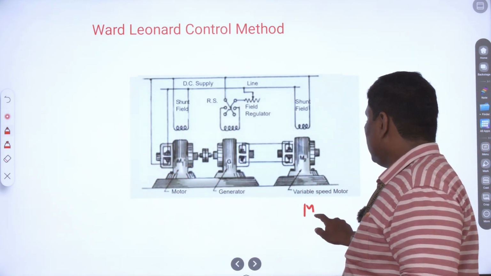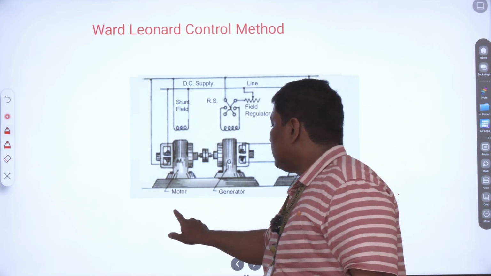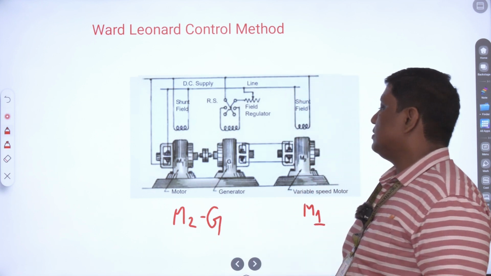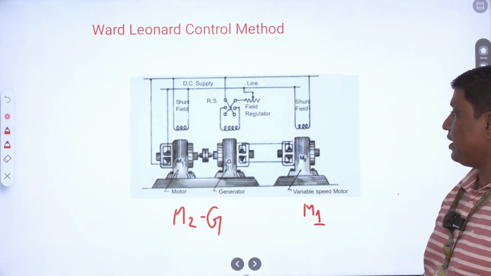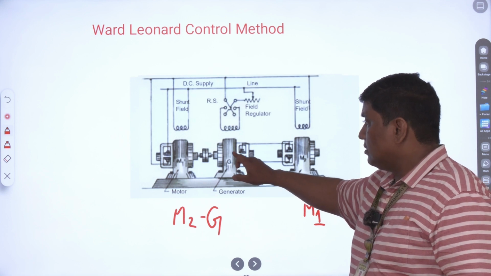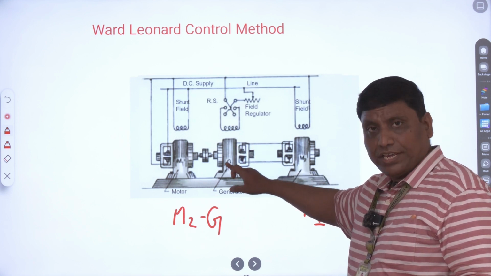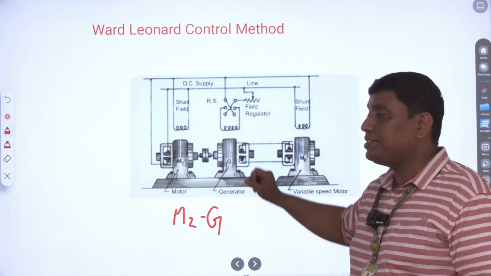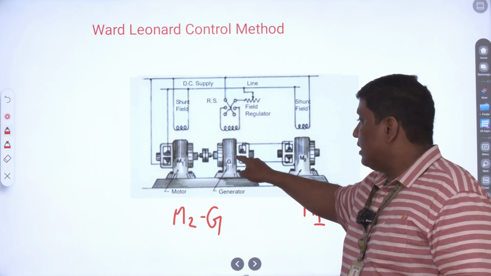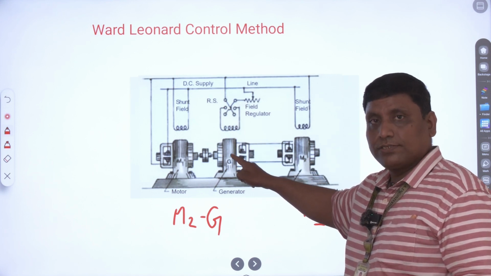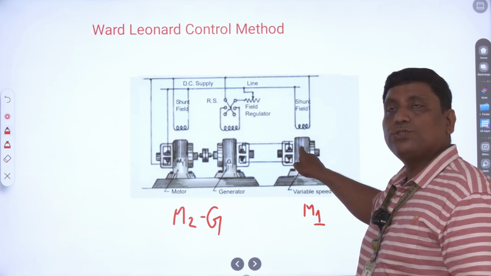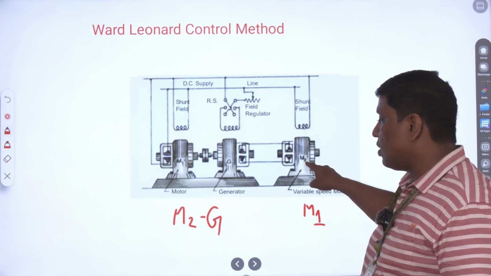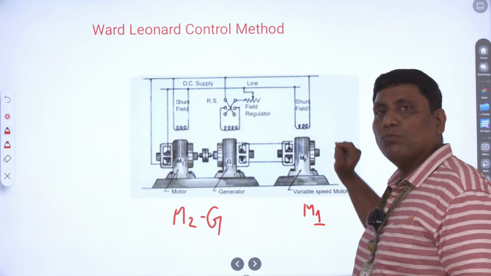This is the M1 motor, and this is the M2 generator set. The generator voltage is varied using the field regulator. By adjusting the field regulator, it produces different voltages, which are supplied to the armature of the M1 motor, so we can control or adjust its speed.